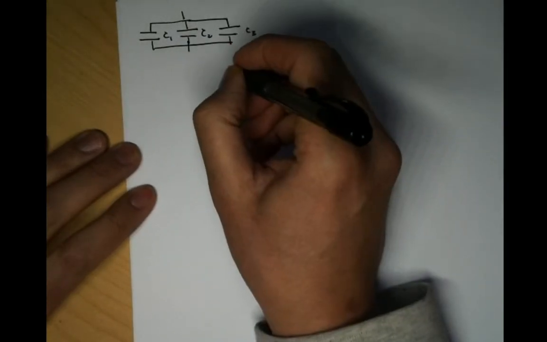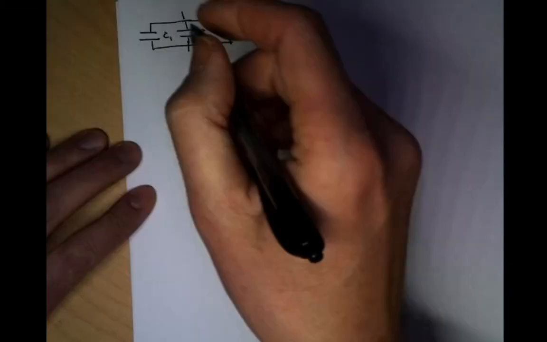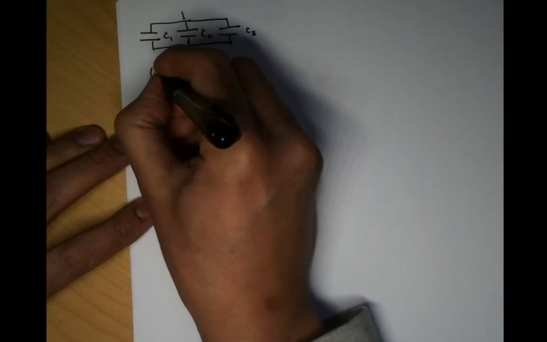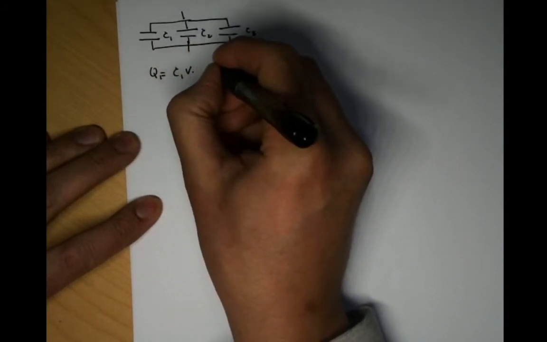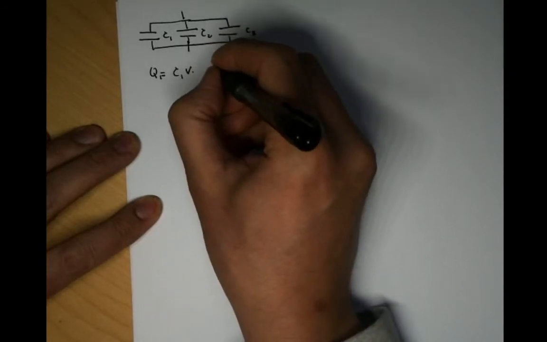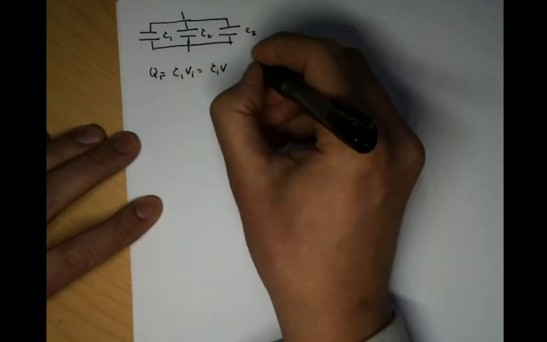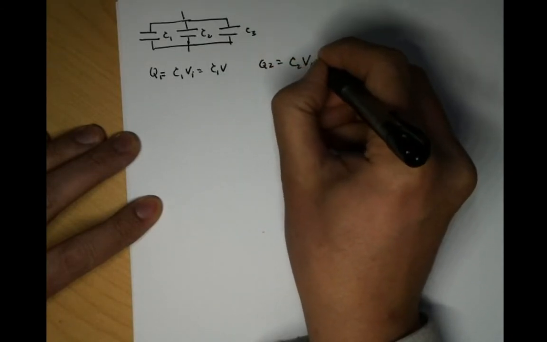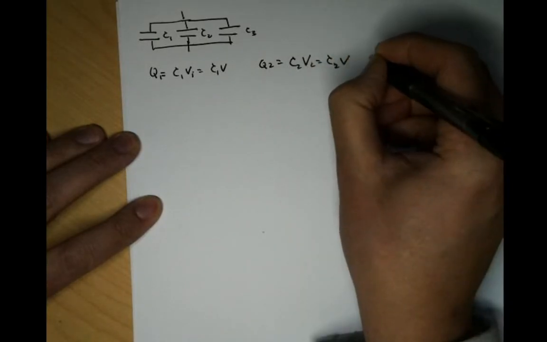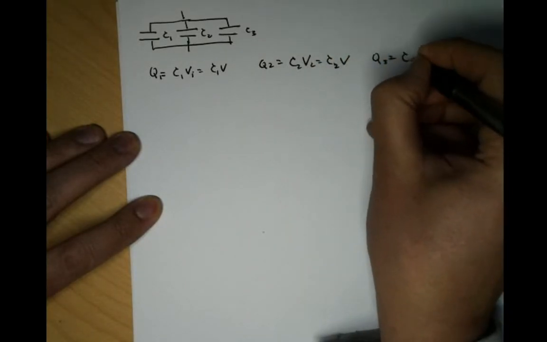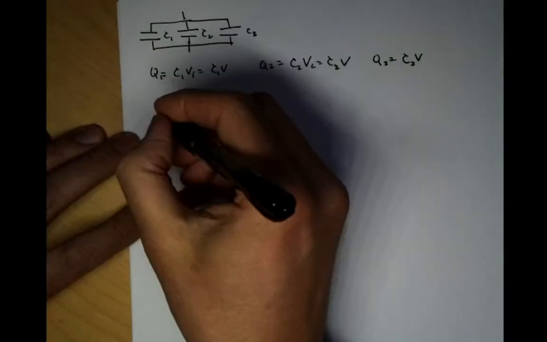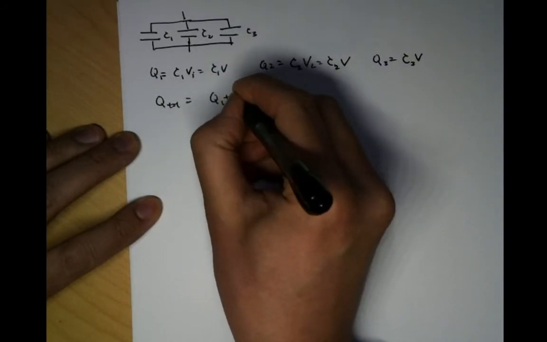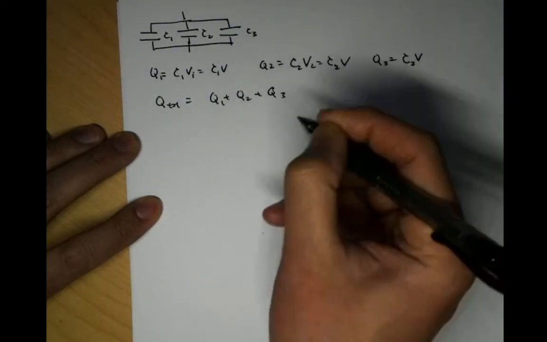Again, Q1 is equal to C1 V1, which is C1 V. Q2 is equal to C2 V2, which is C2 V, and then Q3, you can guess, is going to be C3 V. And Q total is equal to Q1 plus Q2 plus Q3.